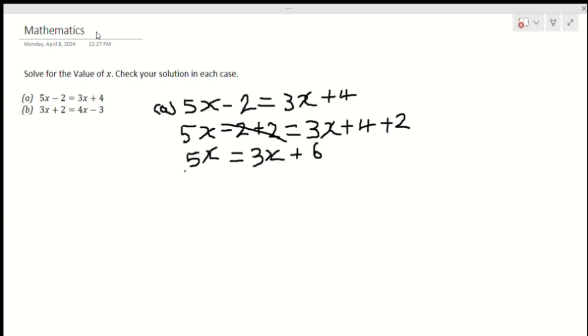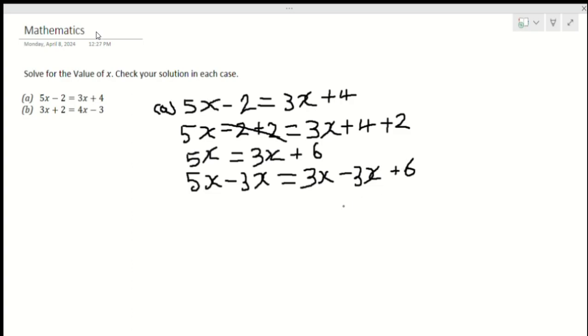So it would be 5x, take away 3x. If I take away 3x from this side, I have to do the same to the other side, equal to 3x minus 3x plus 6.